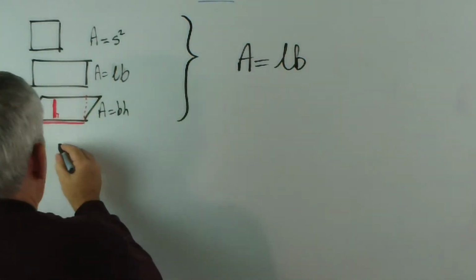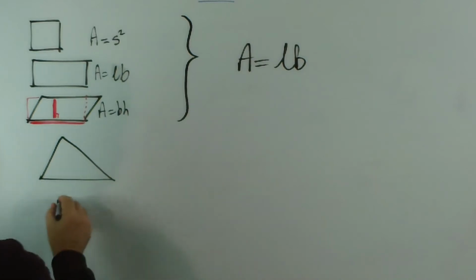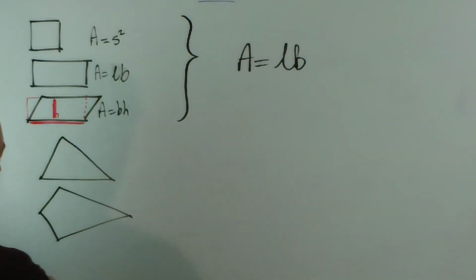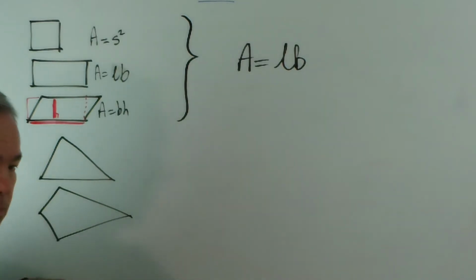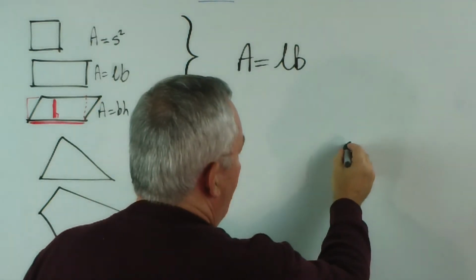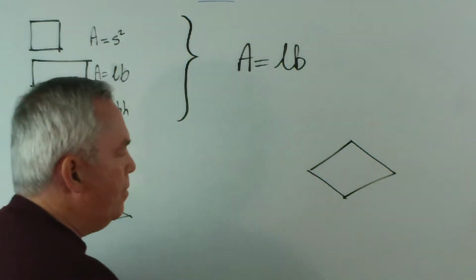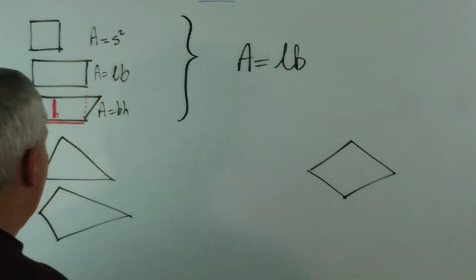The next three shapes are these ones: a triangle, a kite, and because I'm not working on a long page, I'm going to work over here, a rhombus. Now, how do we work out the area of these?